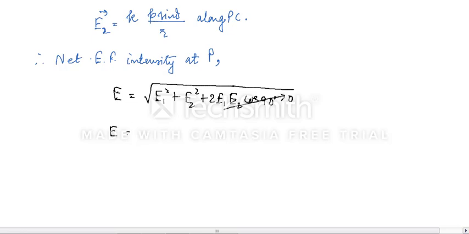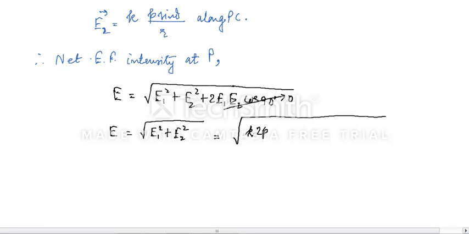So electric field E is equal to root under E1 square plus E2 square, that is equal to root under K 2P by R cube whole square, this is cos theta, plus Kp by R cube whole square, and here it will be sin theta. So what we are getting?